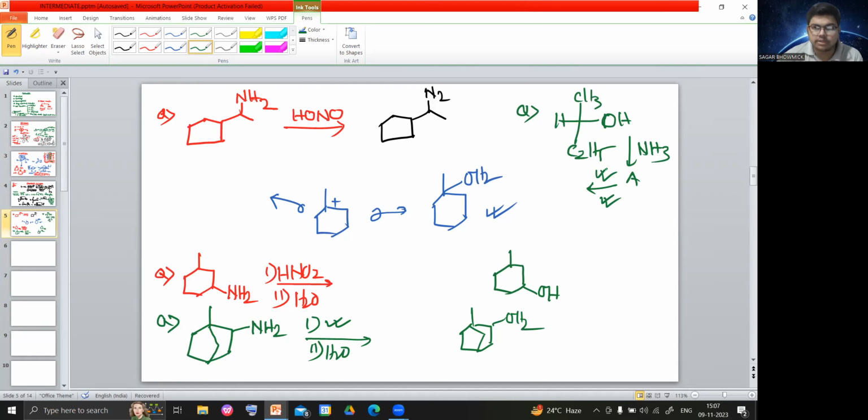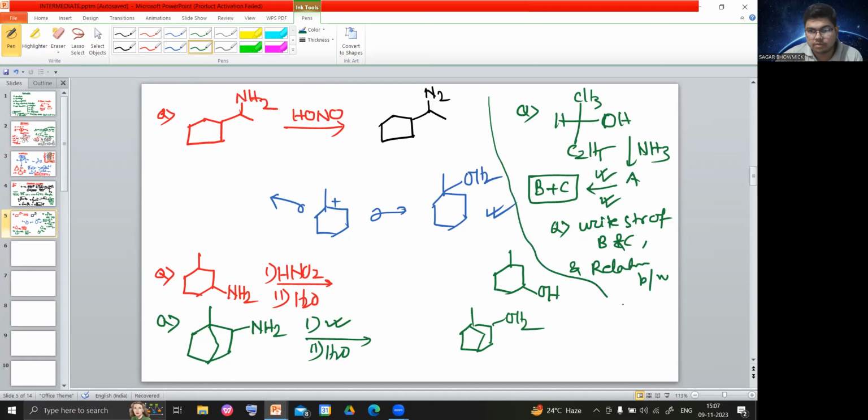Similar kind of reaction. You are getting B plus C. And now the question is, write the structure of B and C, and the relation between B and C.